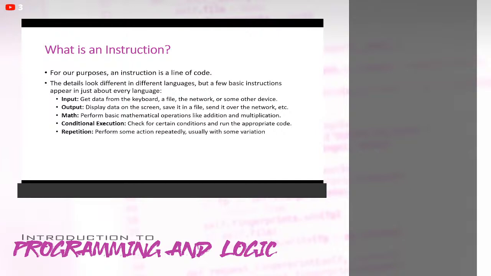One is input, right? That's the ability to get data from the user or from a file, or somewhere else that's not located inside of the program. So being able to, as the user, type in something on my keyboard and see something happen with that. We get data from a keyboard, we get data from a file, we get data from the network.